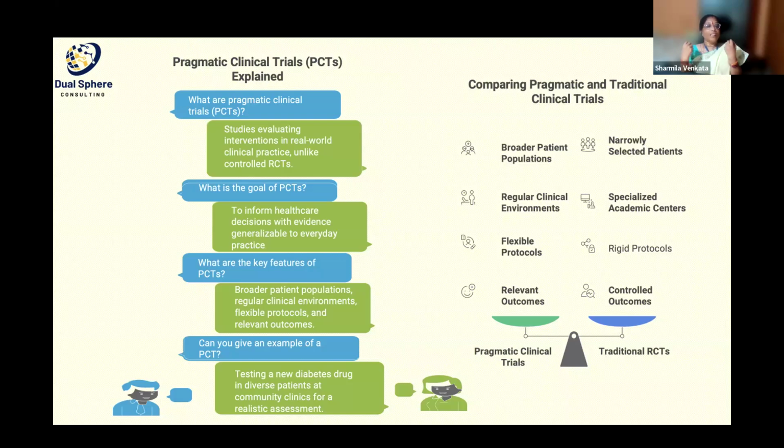There is also comparative relevance: PCTs often compare against the real standard of care regimen, not placebo. And they give an implementation signal, reflecting real prescribing behavior, monitoring, and persistence, critical for forecasting utilization and spend.